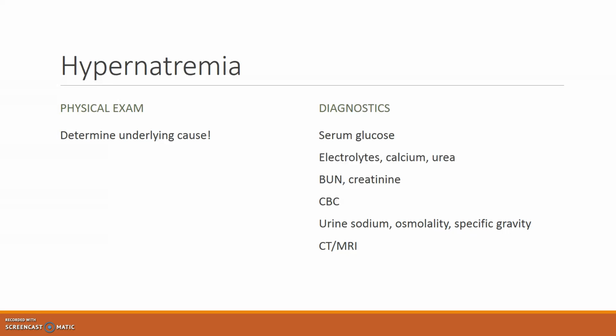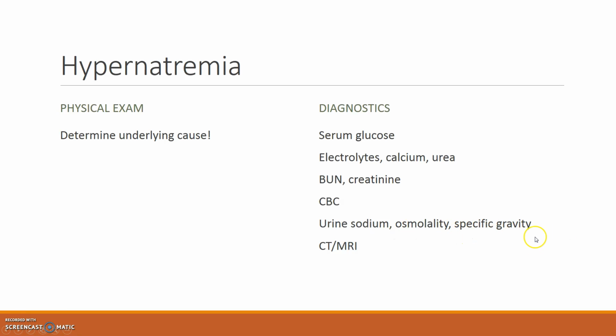We're trying to determine the underlying cause of the hypernatremia for our patient. Diagnostically, I'd like to refer you to page 1113. We've got to make sure of their glucose level, their electrolytes, calcium, urea, BUN, the blood urea nitrogen, and the creatinine, CBC with diff, urine sodium, osmolality, and specific gravity.